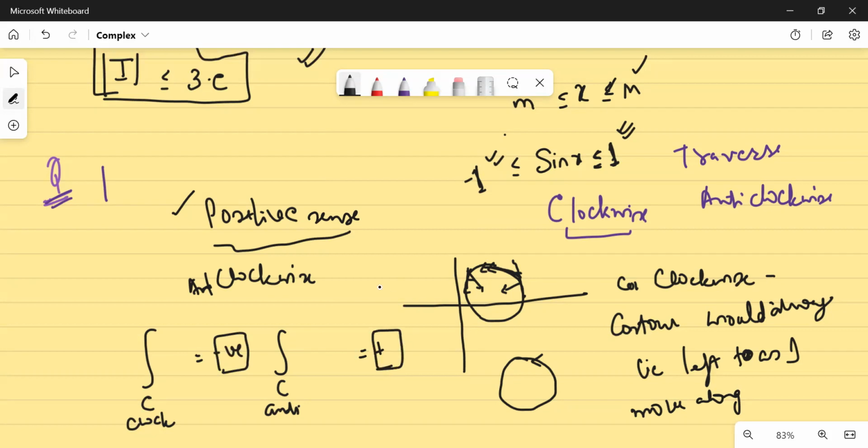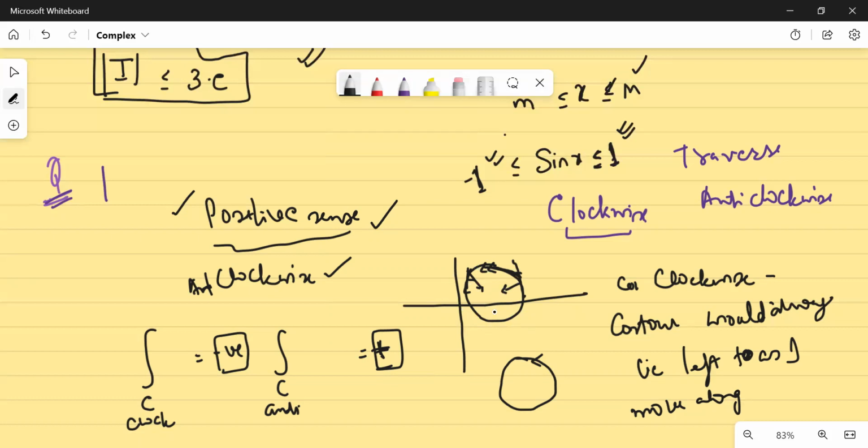You have to remember that if I'm saying positive sense, it means I'm moving anti-clockwise on the closed contour, and the answer is whatever comes, positive. If I'm moving in the clockwise direction, whatever the answer comes, I have to multiply it with a negative, because now I'm moving in the clockwise sense. The clockwise sense is called the negative sense, because now the angles are decreasing. Here angles are increasing. So this is a convention that has been taken, and you have to adopt that.